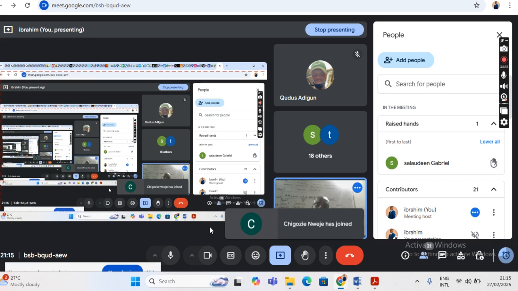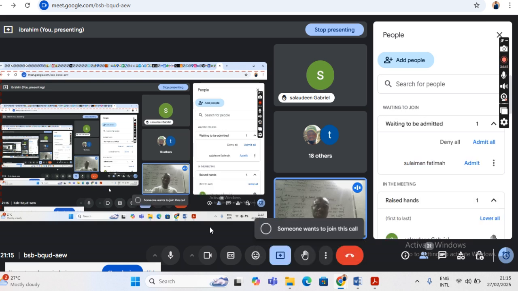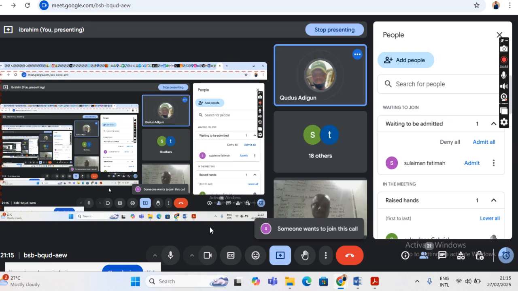Whether internal or external, you do a cover page, and we'll actually do it today. But the cover page will be different: the one for internal will be different from the one for external. Do you get? Yes, sir. Okay, thank you.